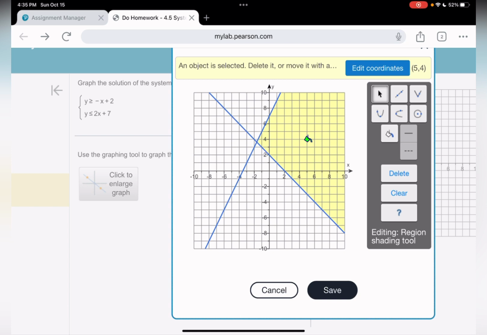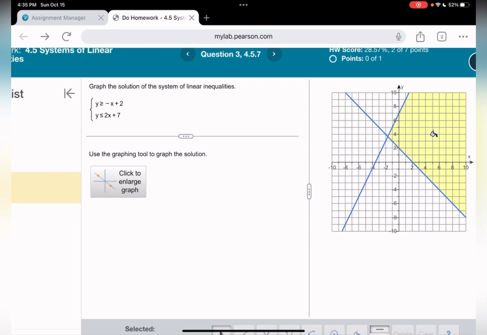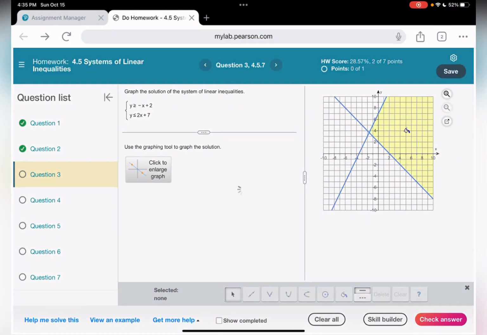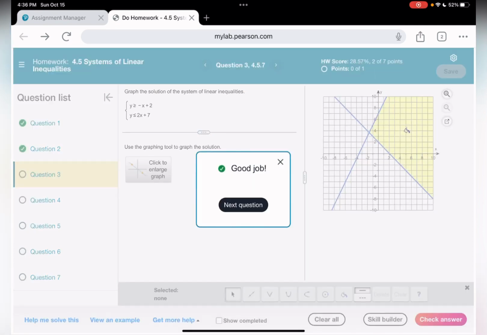For the first one, x is 4, it's going to be -4 plus 2, which is -2. And 3 is my y. 3 is greater than -2. Satisfying. Now the second one, positive 4: 4 times 2 is 8, plus 7 is positive 15. And 3 is less than or equal to positive 15, which is correct. That's what I will do. Instead of every time going through all 4 parts, I'll just shade it and check the shaded area.